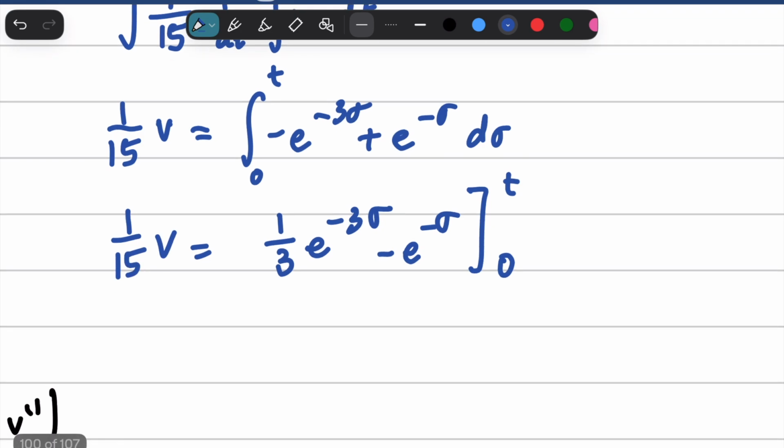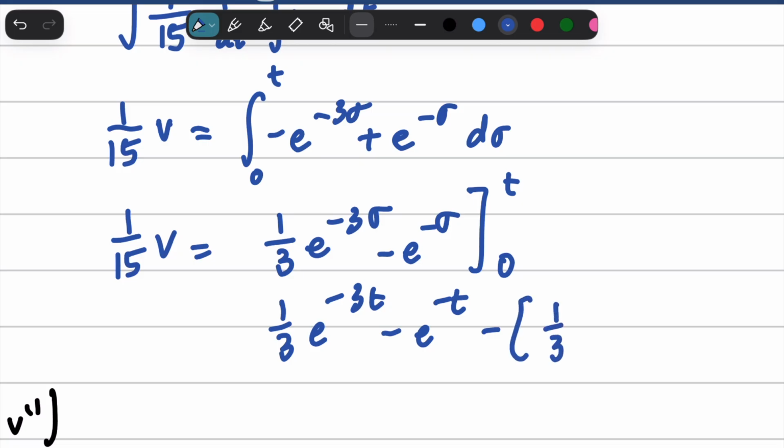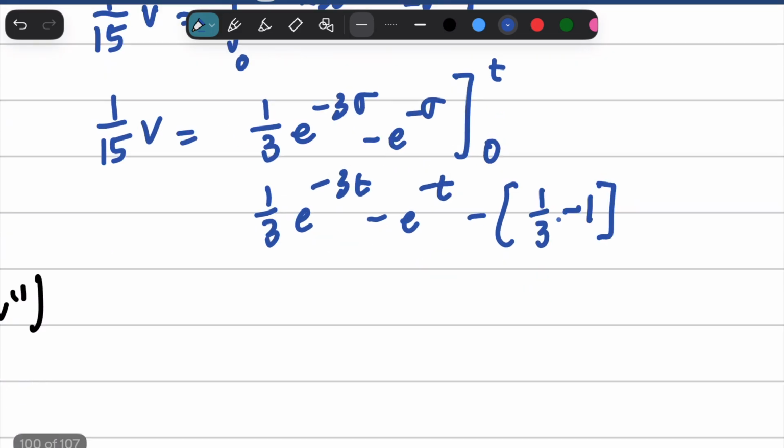We're going to plug this in: 1/3 e to the negative 3t minus e to the negative t, and then minus 1/3. We're going to get this right here equal to 2/3, so positive 2/3 right here.